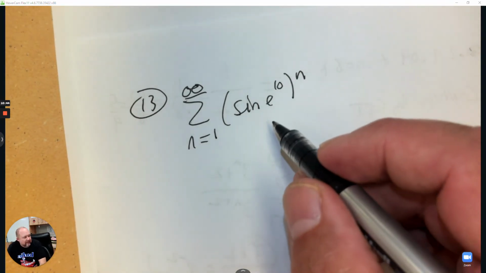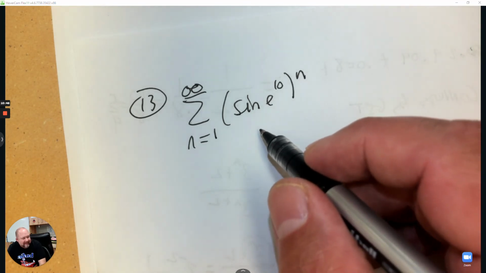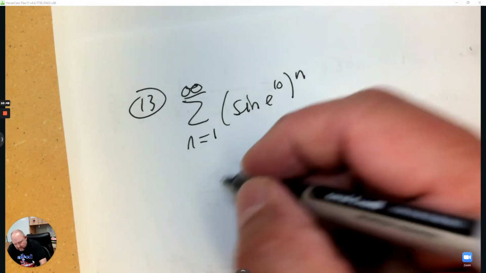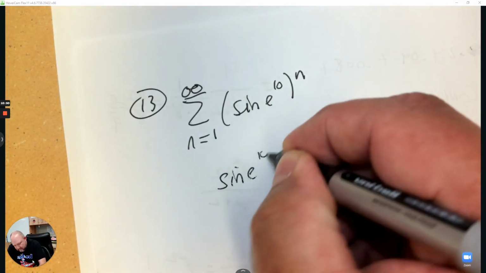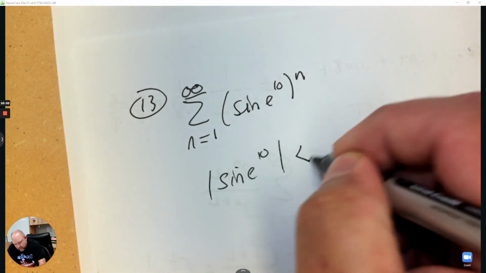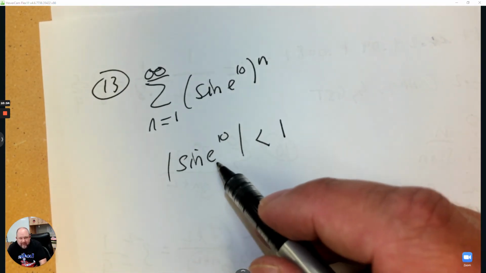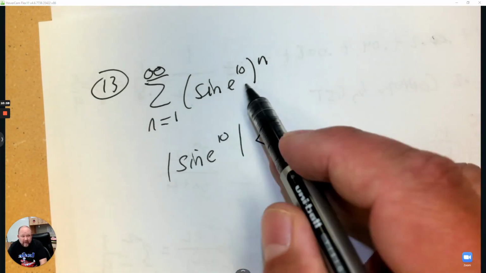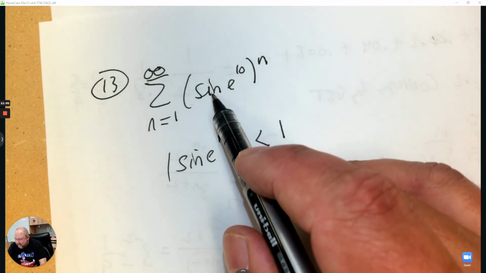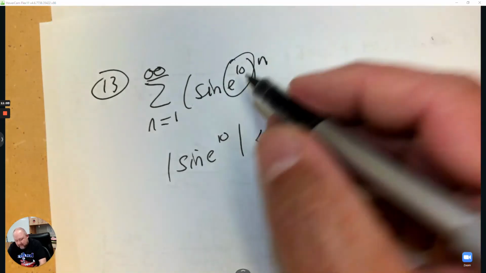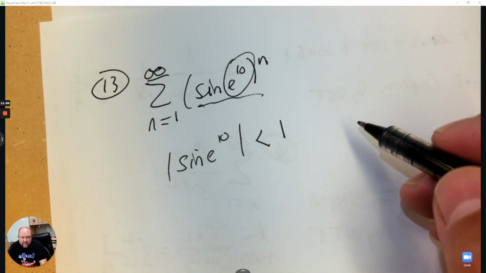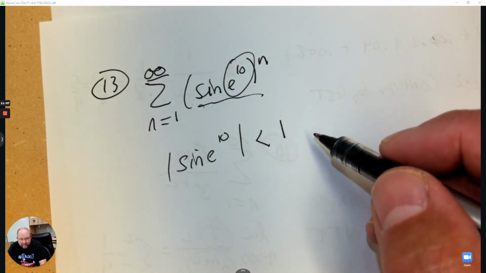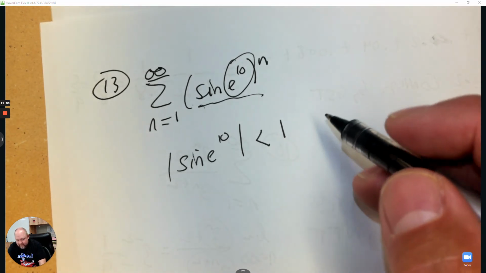So the base is sine e to the 10. Now, the value of sine can never be bigger than 1. 1 is as big as sine would ever get. So sine e to the 10, the value of all of this is going to be less than 1 by the unit circle.